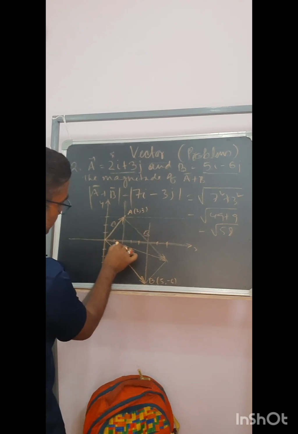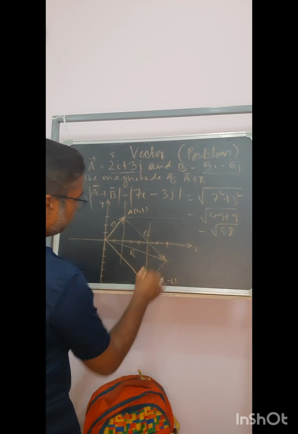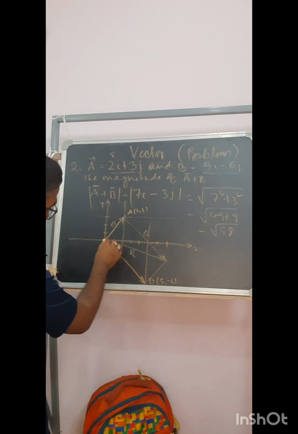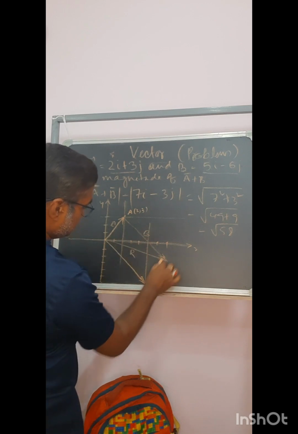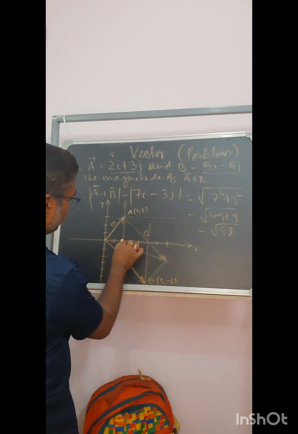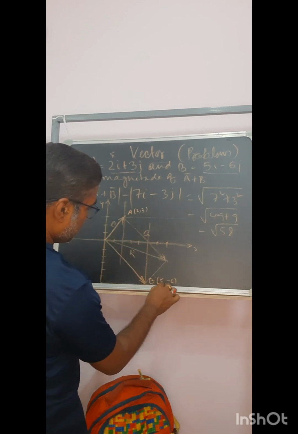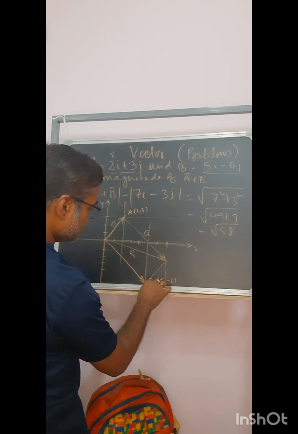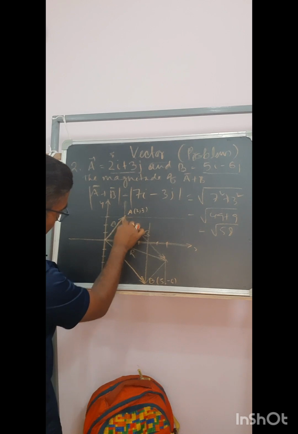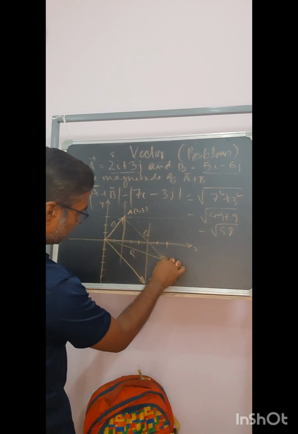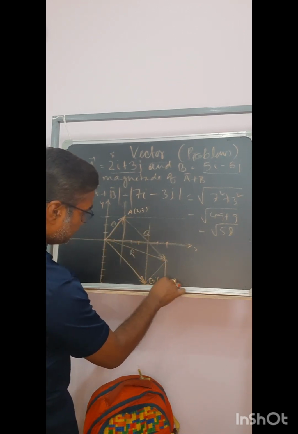Now this direction you can understand, but what is the point here? When I am shifting this vector parallelly, this distance has to be this distance. So whatever way it is shifted, I have to shift this in the similar way. This triangle has to be the same. This triangle, if I mark it dark, so this shifting will be the same.